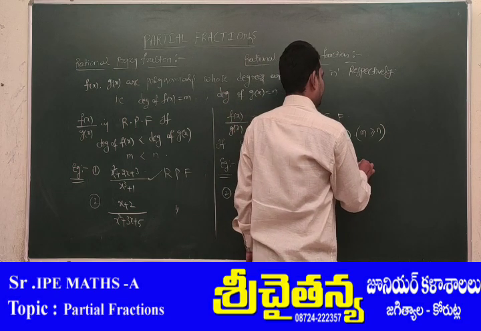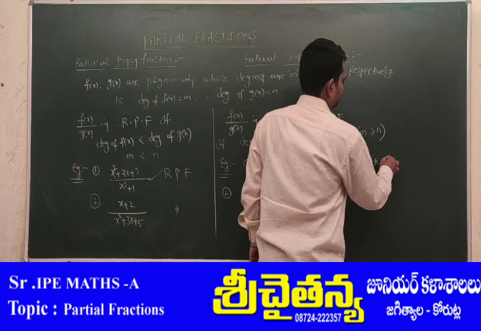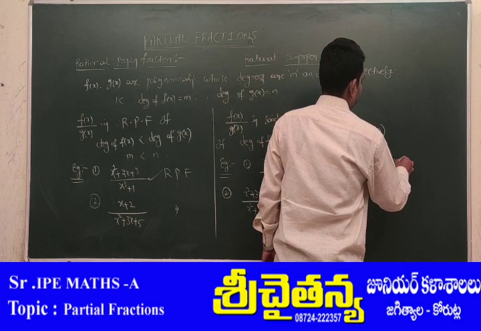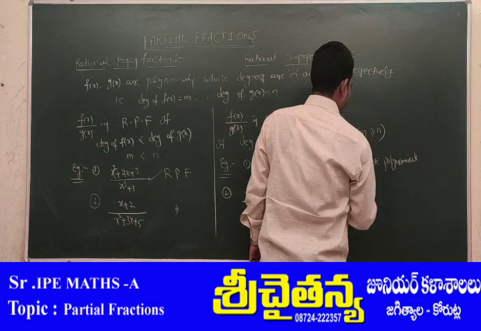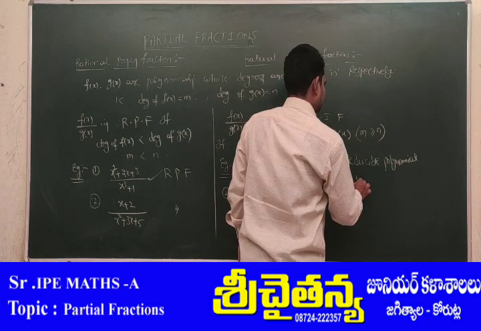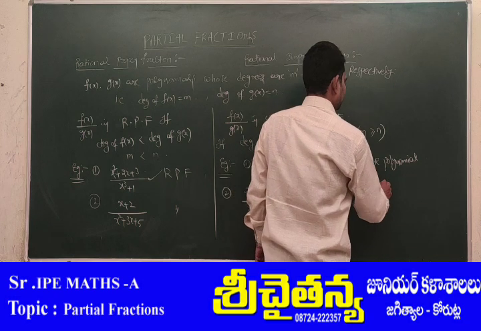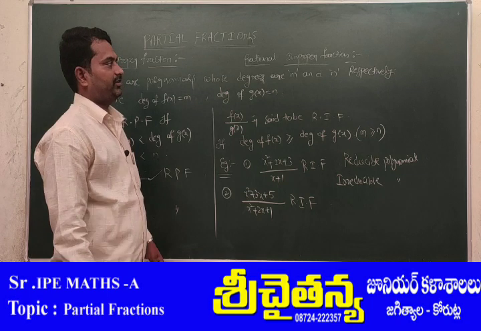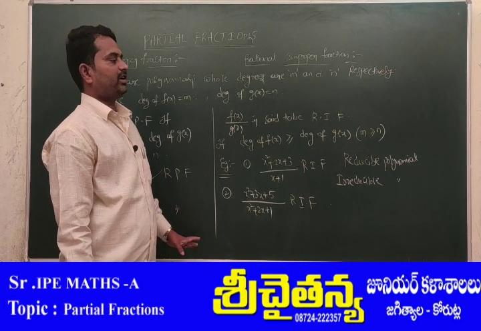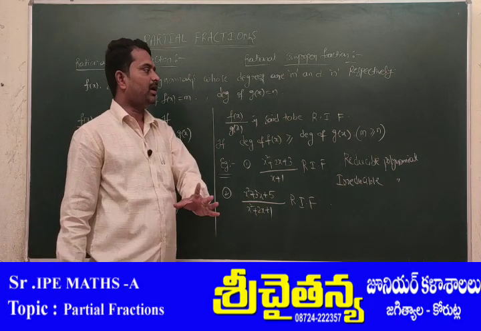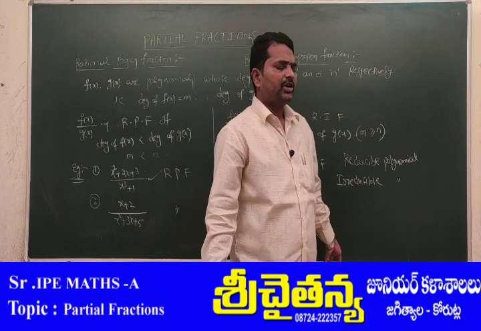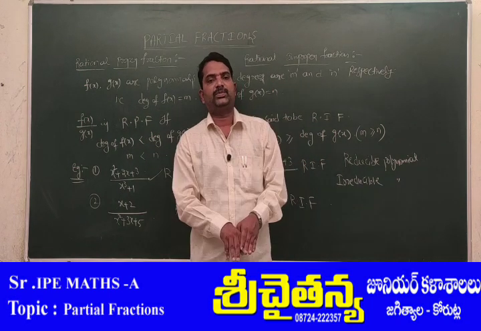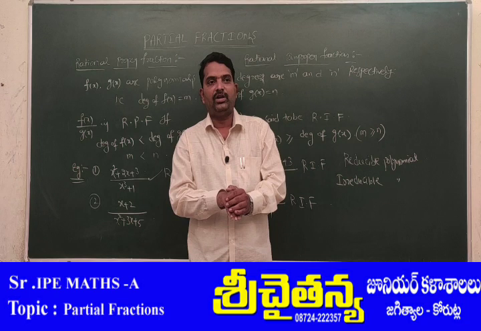After the completion of rational fractions, rational improper fractions and rational proper fractions, we should discuss reducible polynomials and irreducible polynomials. What is meant by a reducible polynomial and what is meant by an irreducible polynomial? A reducible polynomial is one that can be expressed as a product of linear polynomials.